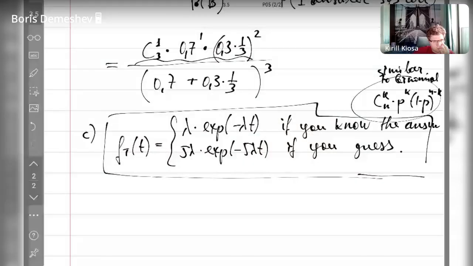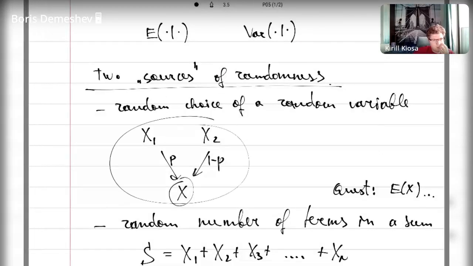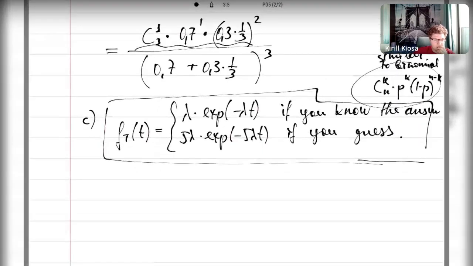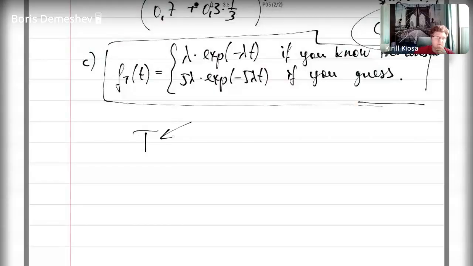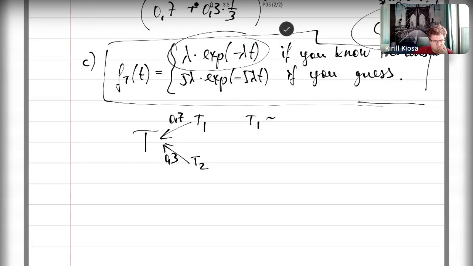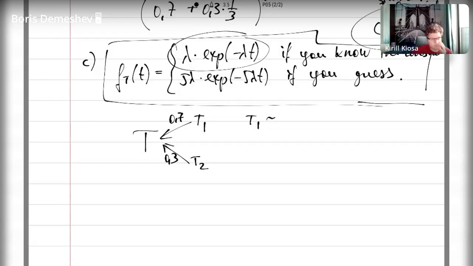Or you may say that we have a random choice of a random variable, because this time for the question will be either equal to T1 or T2. T1 happens with probability 0.7, T2 with probability 0.3. If you look at this density, probably you recognize the distribution.